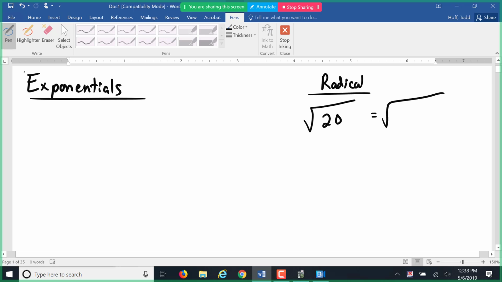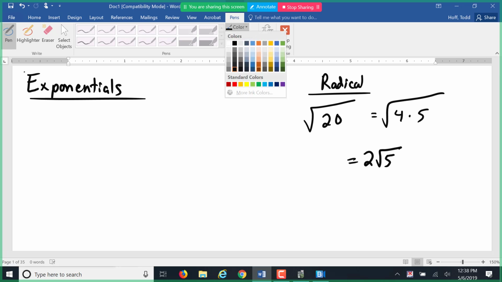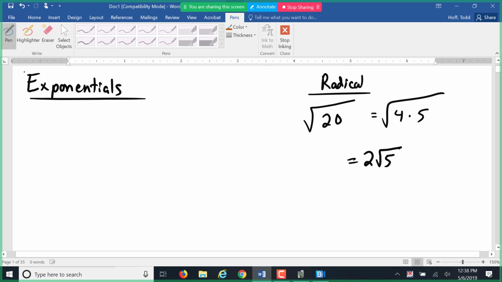We split that into the square root of 4 times 5, where we could take the square root of 4, which is 2, and we just leave the 5 inside the root to get 2 root 5. That was one way of reducing that and rearranging it.